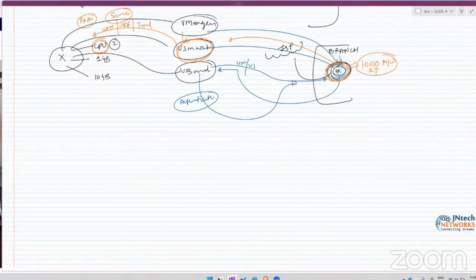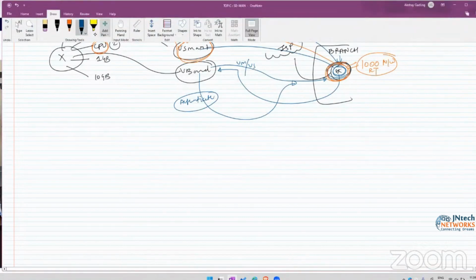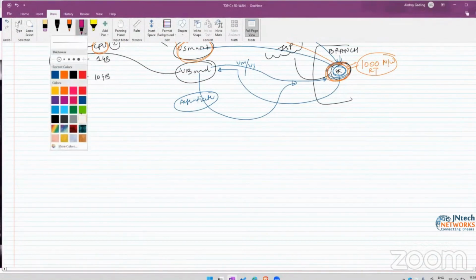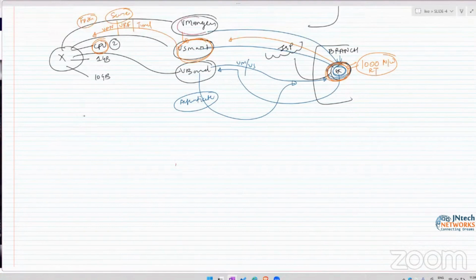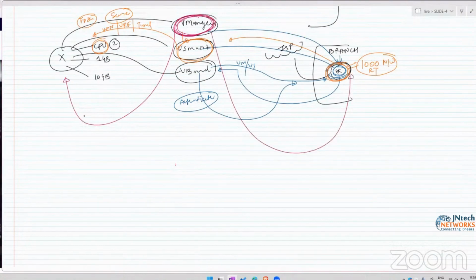Now, if you want to manage multiple branches, no worry. Just go to the vManager. This vManager will provide a single dashboard for the managed devices. Clear? Single dashboard.